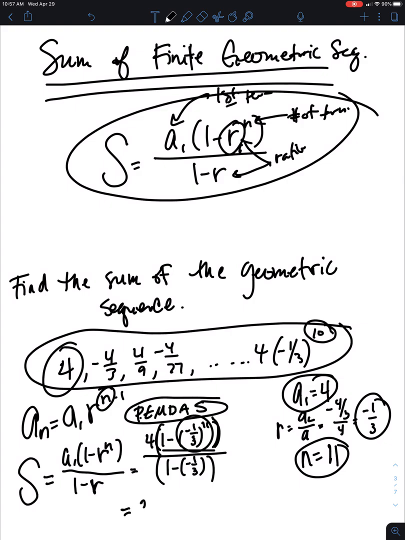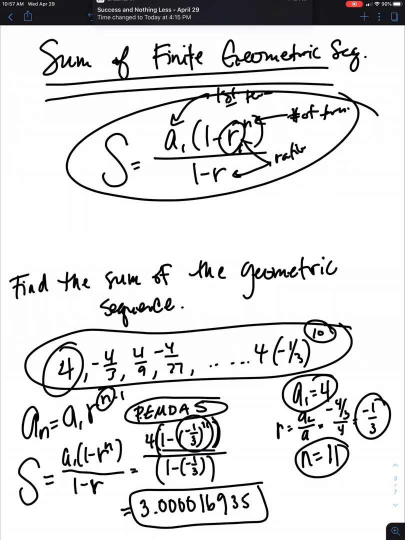I got 3.00016935. Okay, and it'll tell you how many decimals it wants you to put in there. I don't know, I mean, just follow the instructions.